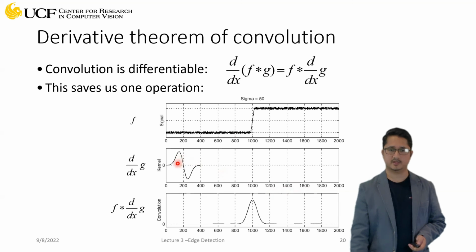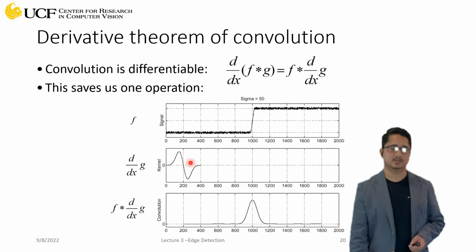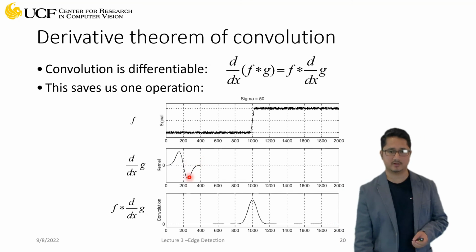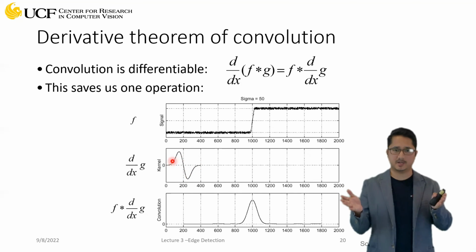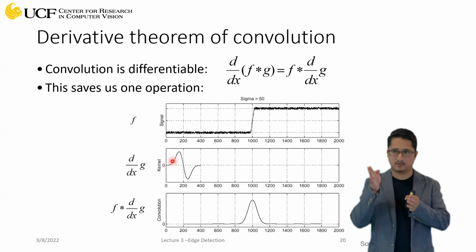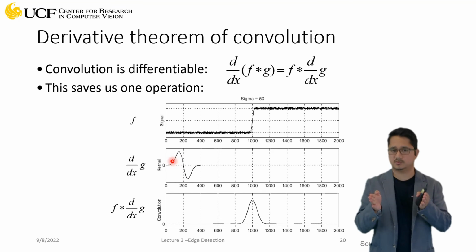This one will become more clear when we talk about the Laplacian filter, the second derivative, but I can quickly go over this. If you look at this filter, filtering is just pattern matching, right? If your kernel is matching the input signal, you will get a high response. That's one interpretation.